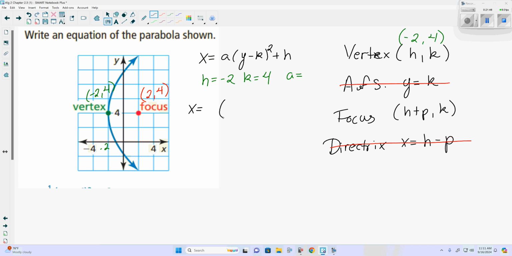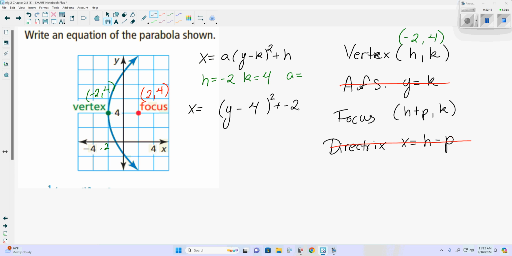Now, let's just say we moved on from there. We didn't even try to find a. How much of this would we have? I don't have the number in front of the parentheses. Y minus k. Well, k is 4. So inside the parentheses, we have y minus 4 squared. We have that, yes? Outside's plus h, so it'd be plus -2.